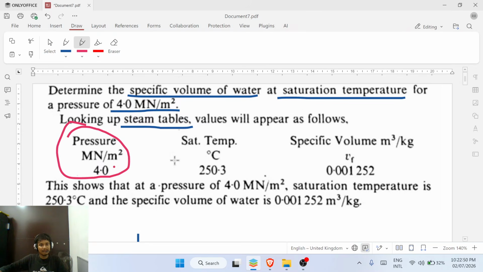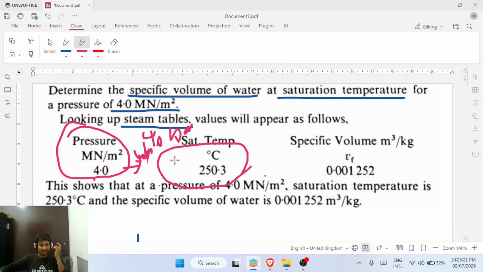If they give the pressure in mega Newton meter minus 2, we have to convert that to 40 bar, and they will give the values directly at 40 bar pressure. The saturation temperature is 250.3 degrees Celsius. The specific volume is 0.001252 meter cube per kilogram.